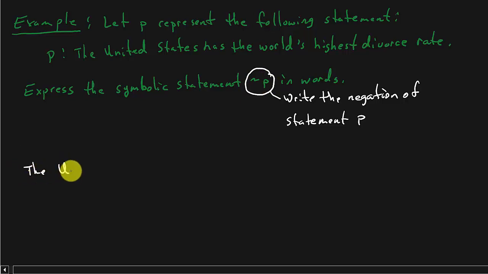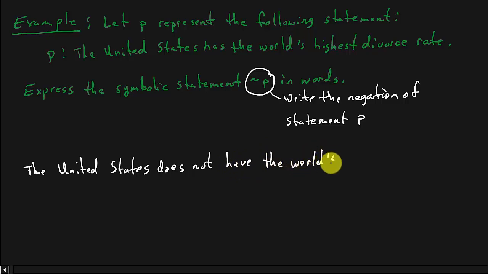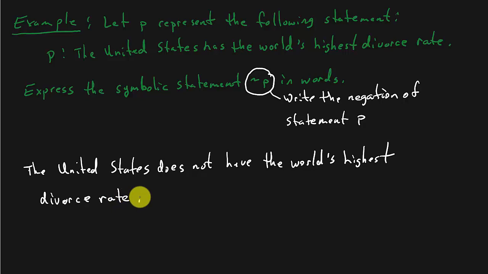The United States does not have the world's highest divorce rate. And that would be the negation. Basically all we've been doing in these last few examples is finding the negation.